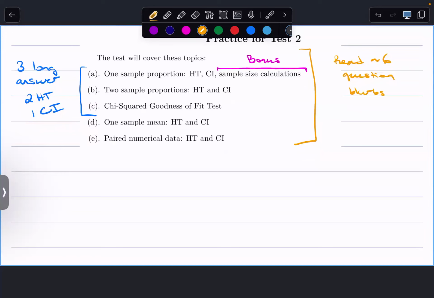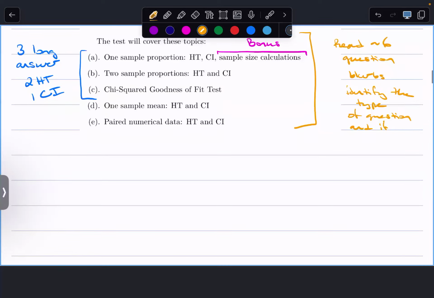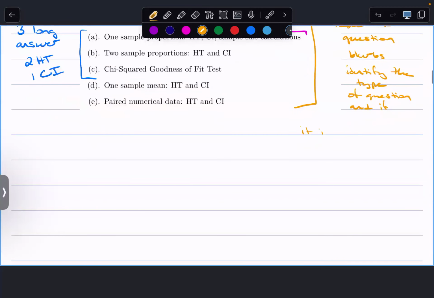So read roughly 6 question blurbs and identify the type of question, and if it is a one-sided or a two-sided test.